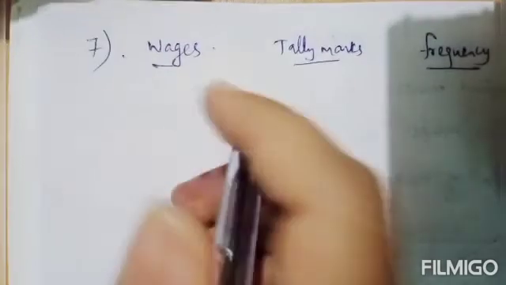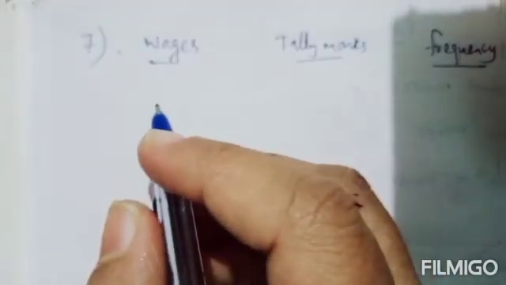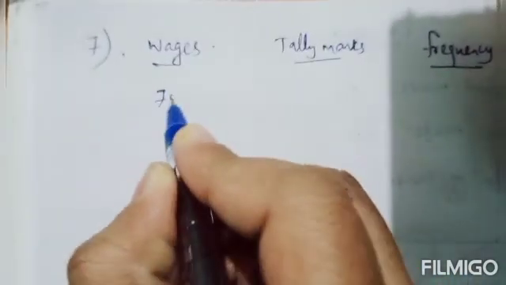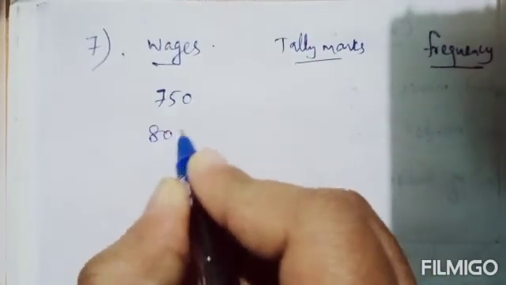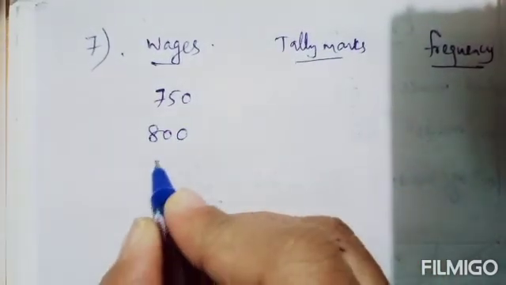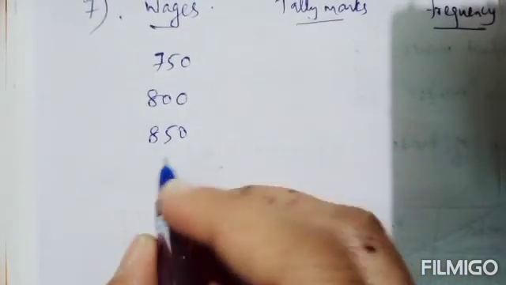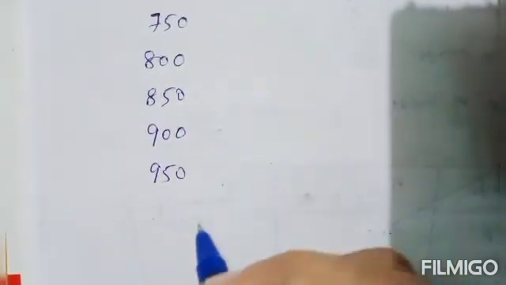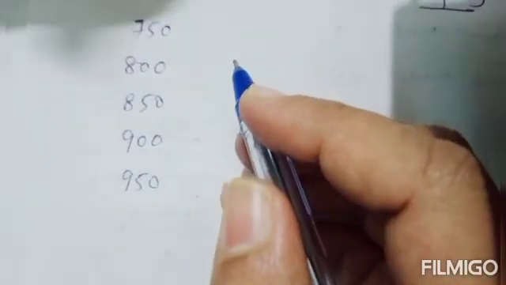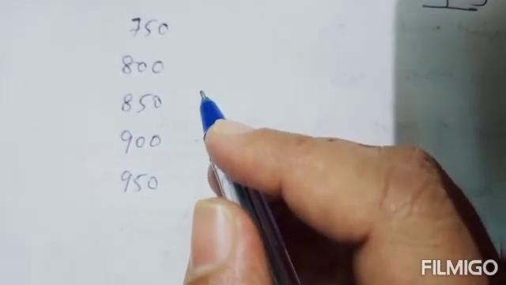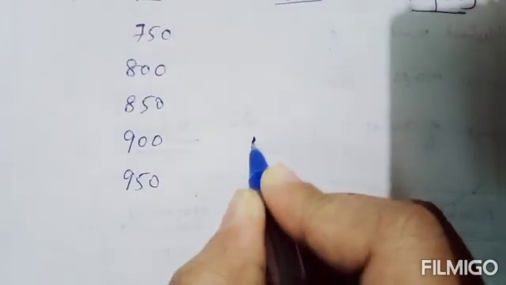Now, what wages are given? 750 is given, then 800. You can write this in ascending order. Then 850, 900 and 950. Now tally marks you can start. First wage is 900, so put one tally mark.